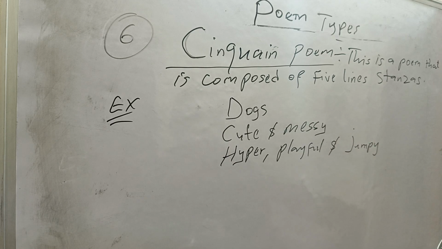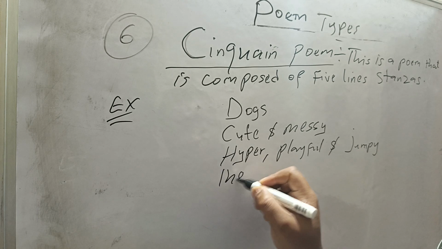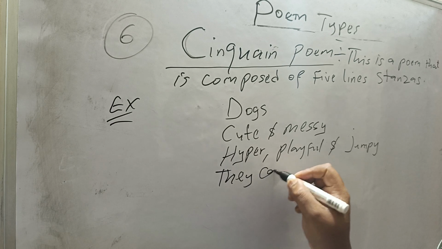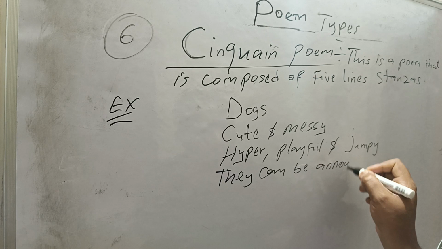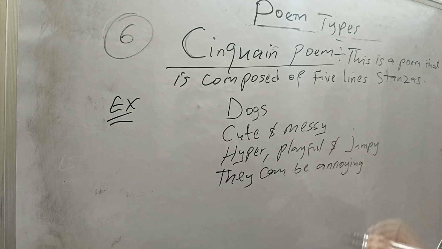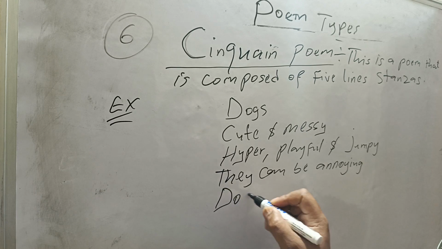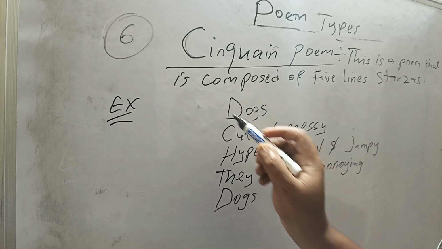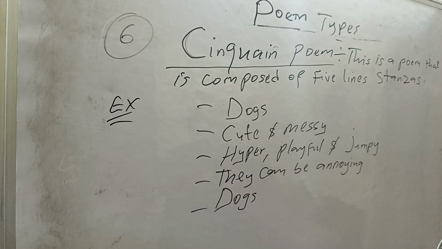Now dog can also be what? Annoying. They can be annoying. So that is dogs. Correct. So 1, 2, 3, 4, 5. This is what the 5 line stanzas. So let's take a look at the number 7.